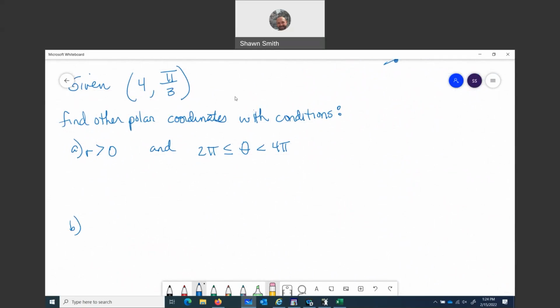B, r is less than 0, negative, and theta between 0 and 2 pi. And C, r is positive, greater than 0, and theta is between negative 2 pi and 0.